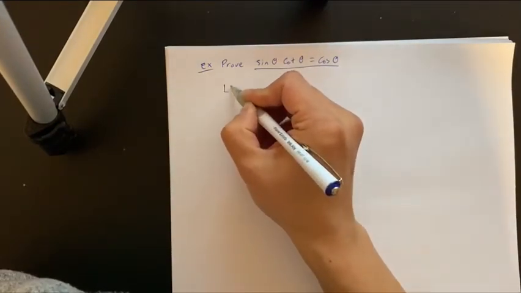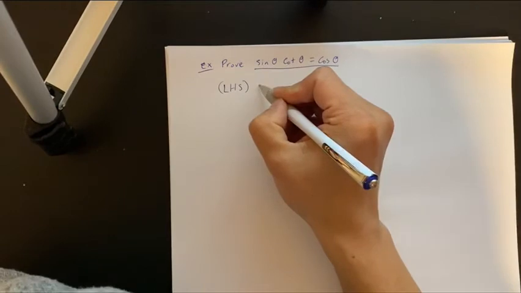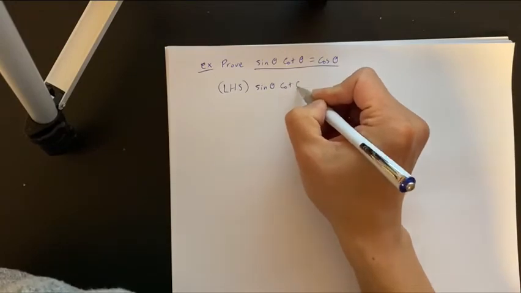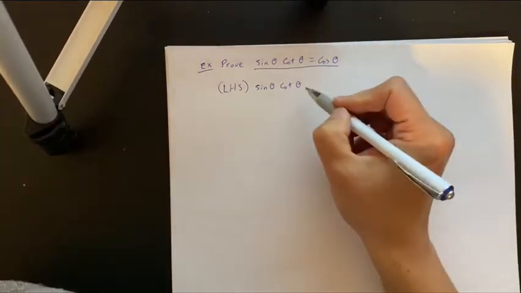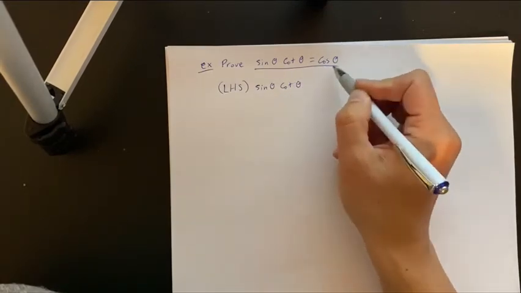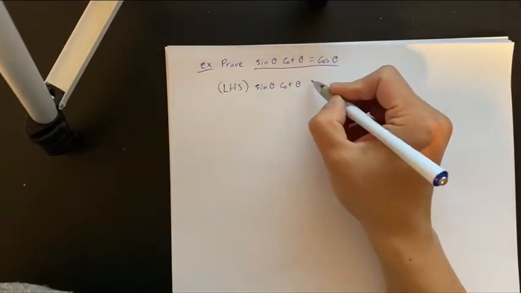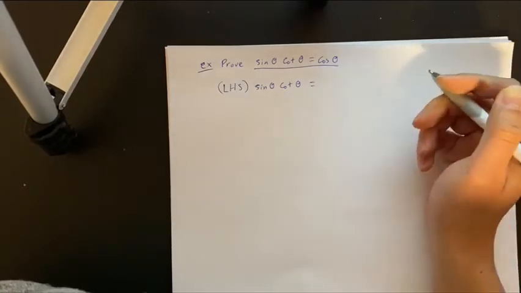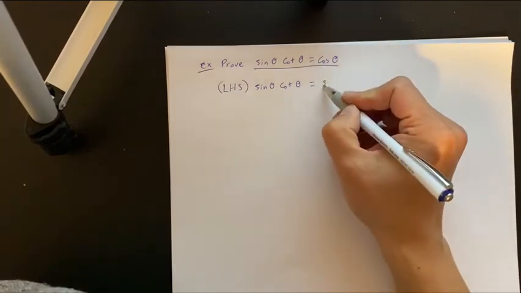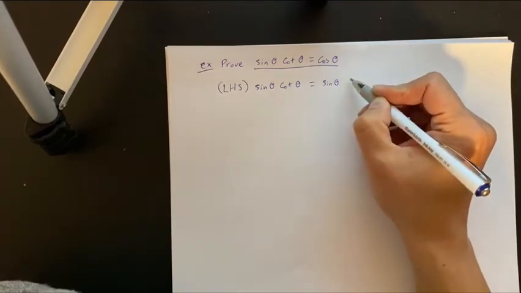So we call that LHS. And so my left-hand side would be sine of theta multiply with cotangent of theta. And I'm going to do something with this to eventually get this to become just cosine of theta. And I'm going to justify each step. So for my first step, I am going to rewrite cotangent, still keeping the sine, and I'll rewrite this cotangent in terms of sine and cosine.